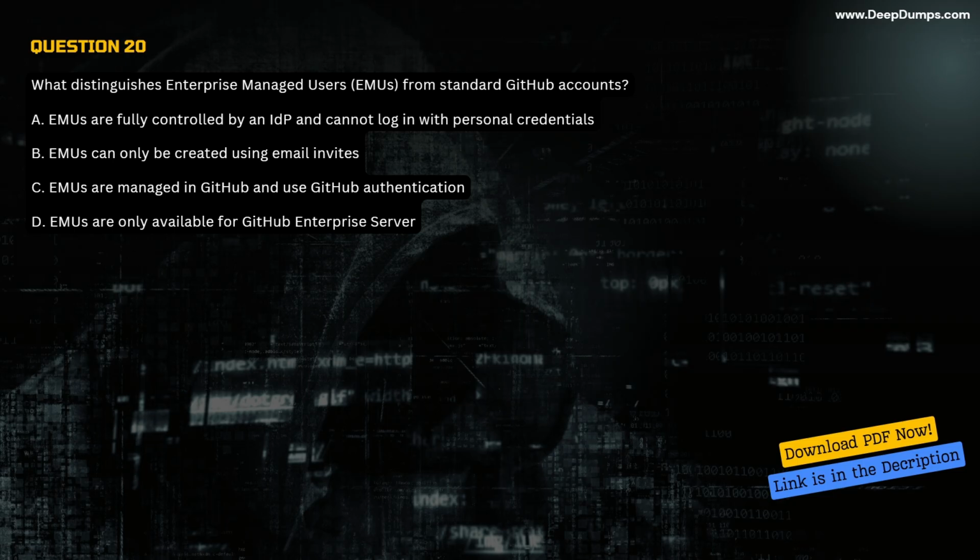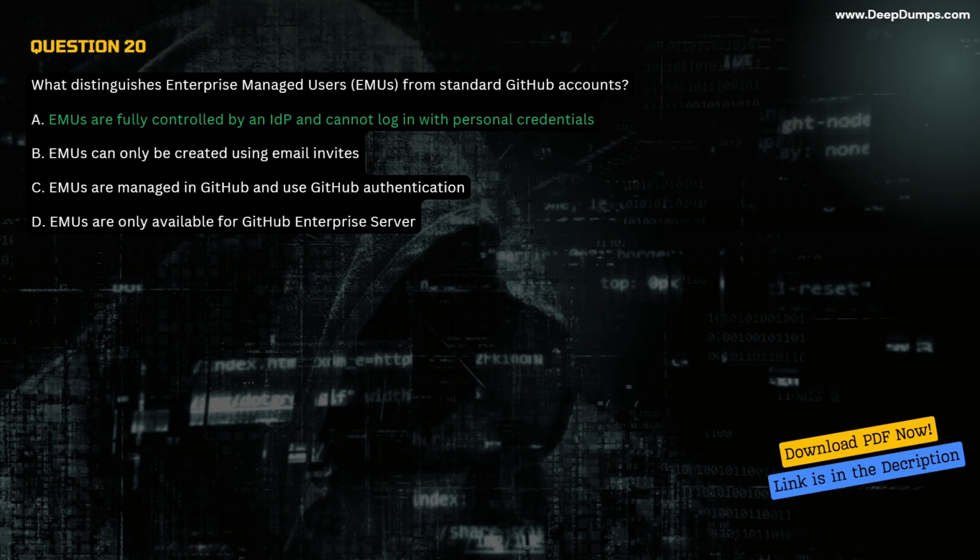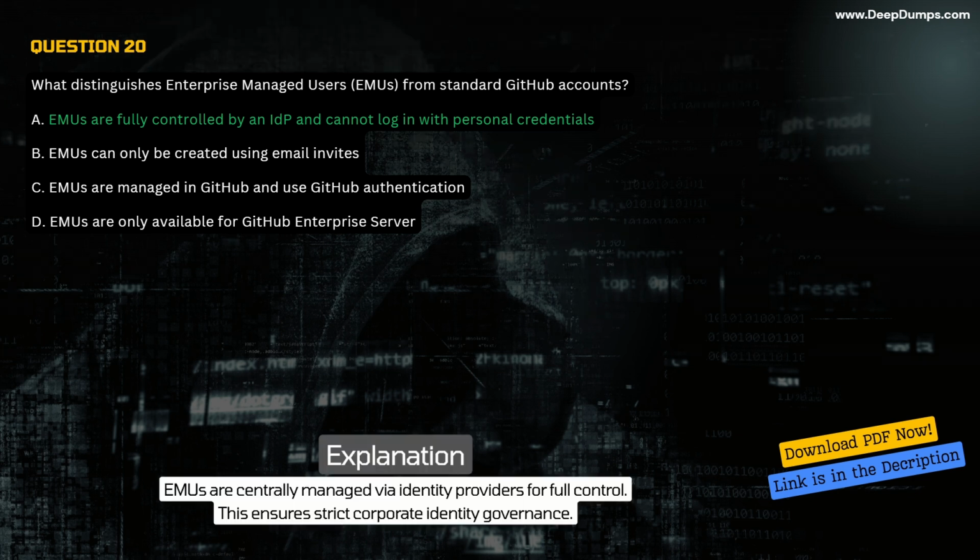D. EMUs are only available for GitHub Enterprise Server. Correct answer, A. EMUs are fully controlled by an IDP and cannot log in with personal credentials. Explanation. EMUs are centrally managed via identity providers for full control. This ensures strict corporate identity governance.